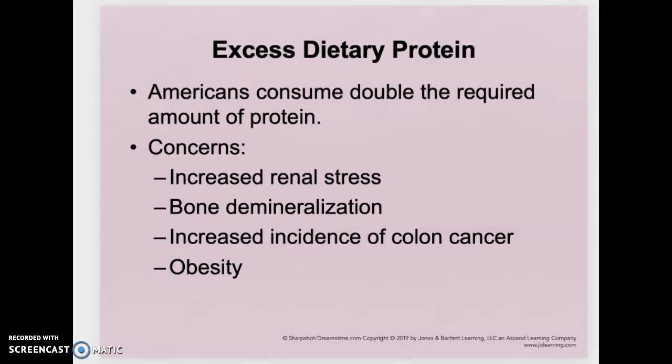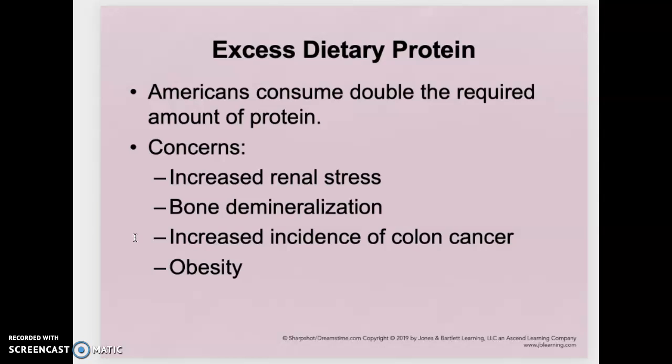But there's also some idea that it can affect our bone mineralization, and then also increase our incidence of colon cancer and obesity. Colon cancer, I think, is probably more related to the sources of protein. If we're eating more plant proteins or incomplete proteins, we're going to be consuming at the same time probably more fiber.